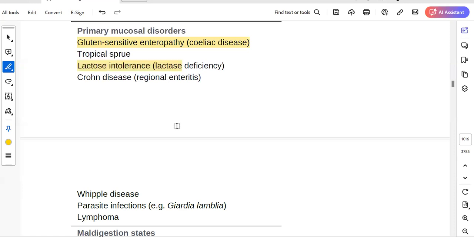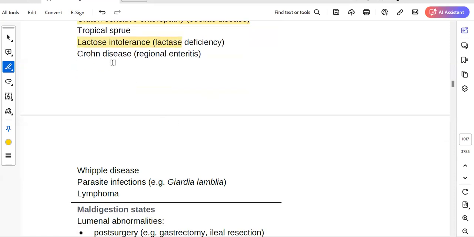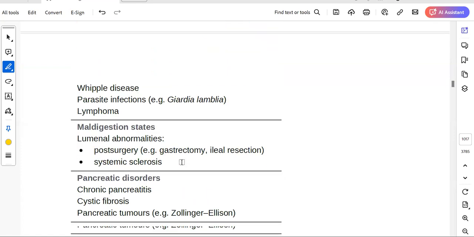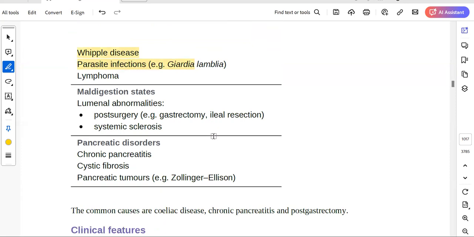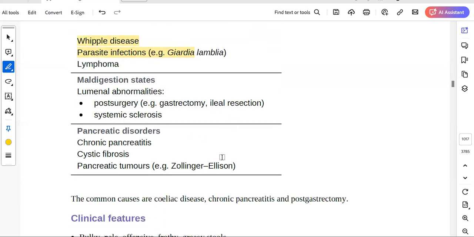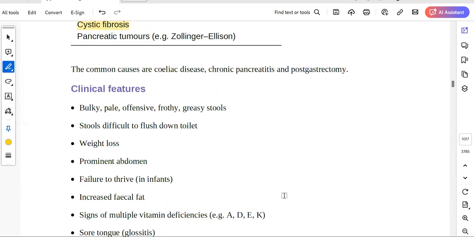Apart from that, it could be lactose intolerance, inflammatory bowel disease such as Crohn's disease, Whipple disease, or some parasitic infection like giardiasis. All of these can cause chronic diarrhea because of malabsorption. Also, we should not forget about cystic fibrosis.